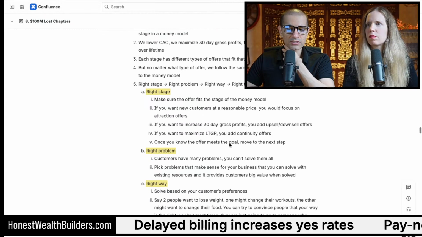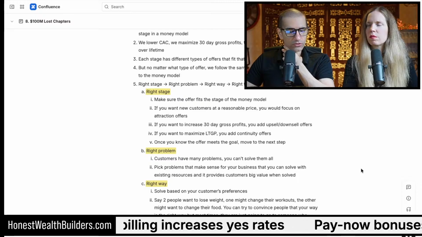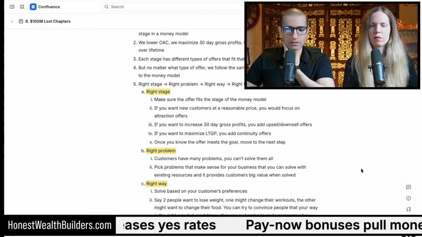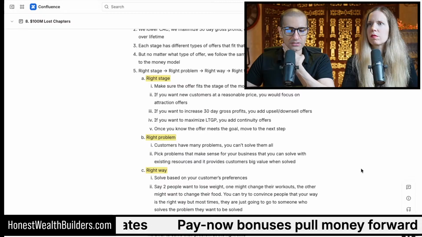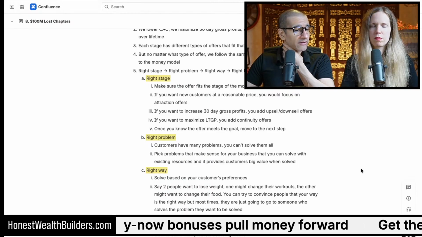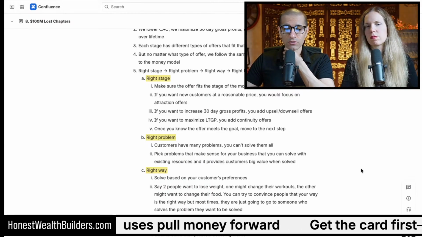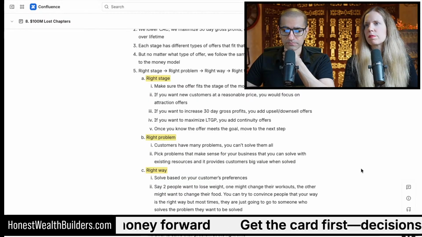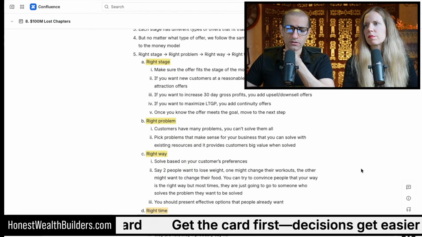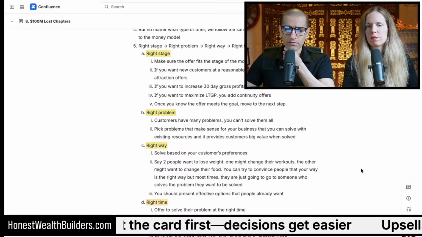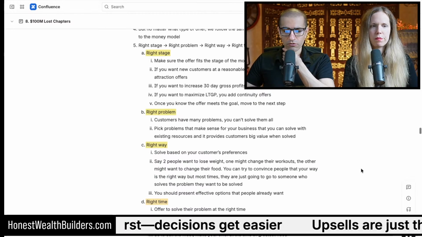If you want to increase 30-day gross profits, you would focus on upsells and downsells. And if you want to maximize LTGP, lifetime gross profits, then you will add continuity offers. Once you know the offer meets the goal, you move on to the next step.